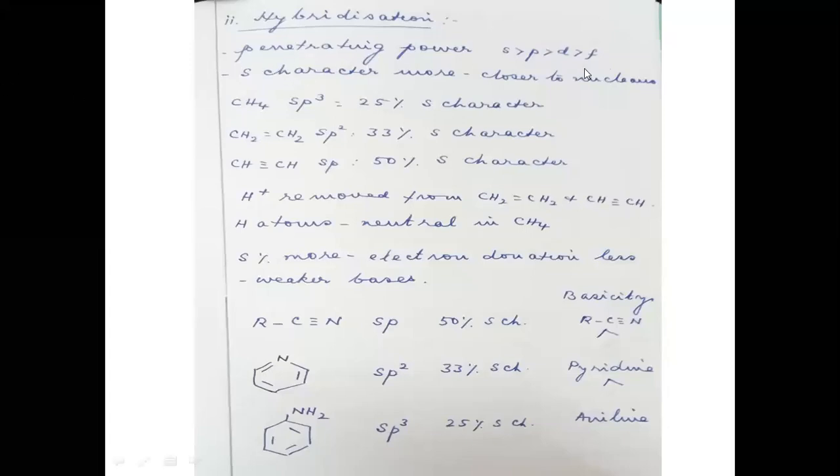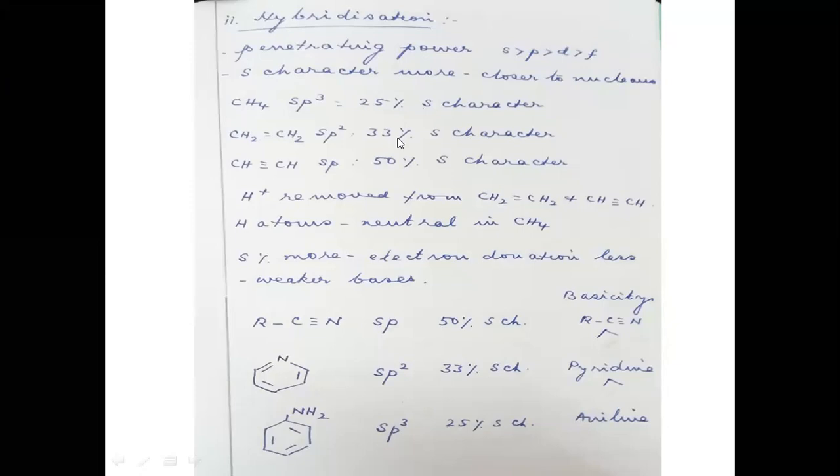When you compare, the s orbital has the highest penetrating power, lesser than that the p orbital, lesser than that the d orbital, and the least among them is the f orbital, provided they have the same principal quantum number. So for the 4 shell, 4s is greater than 4p, is greater than 4d, is greater than 4f.